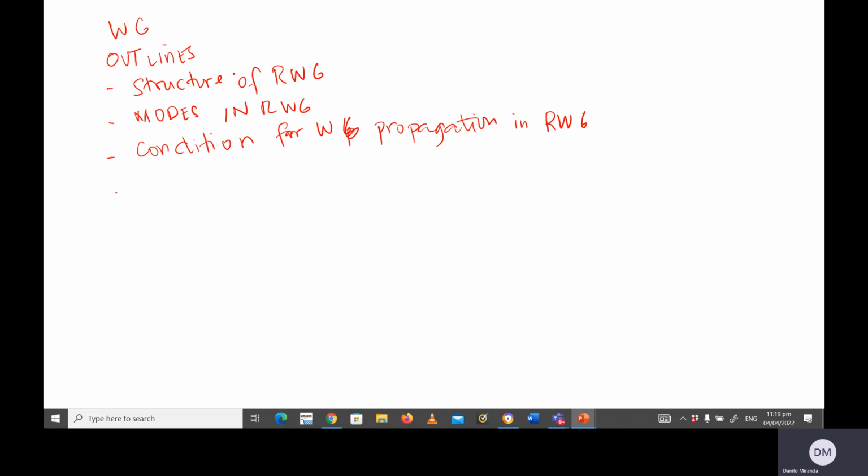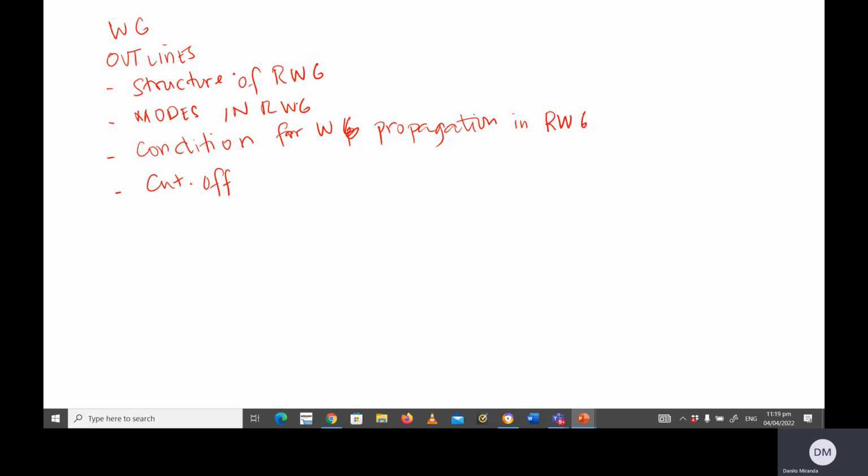Another one, of course, until when? What's the limitation? Or we call it now cut-off. So hindi porke 1 gigahertz above. There is a certain limit, or else the signal will not pass through and will not go to the destinations.